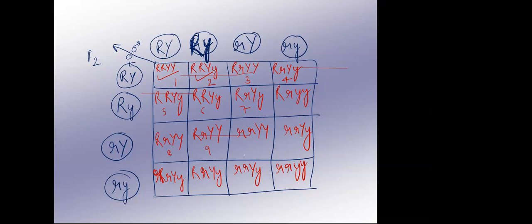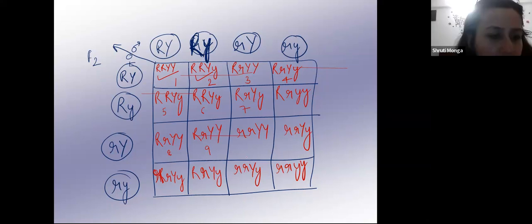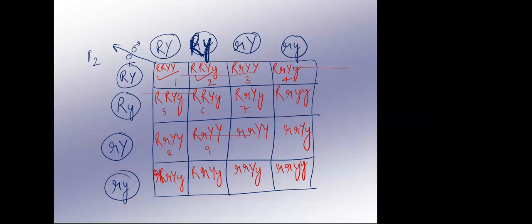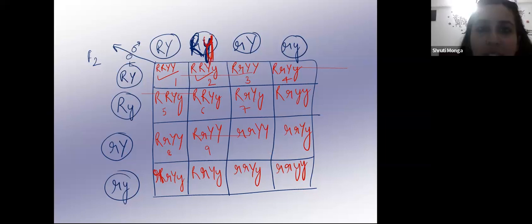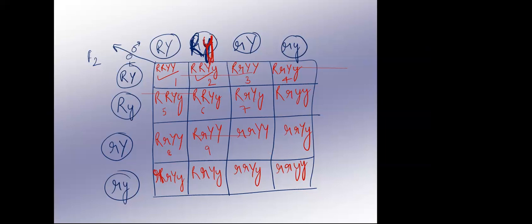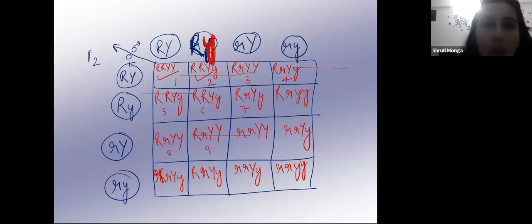I think I have written something wrong. Oh yeah, this is small y. That is why. Okay, fine. So this is small y children. I thought I have written it as capital Y.